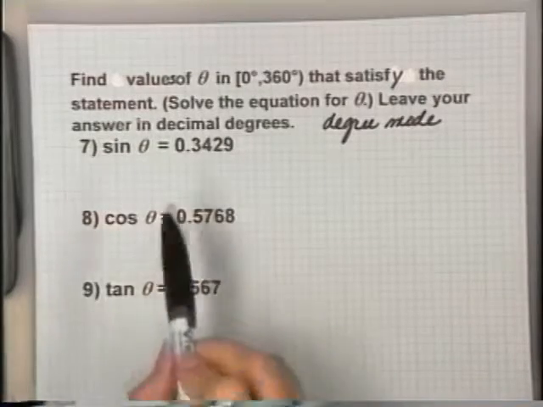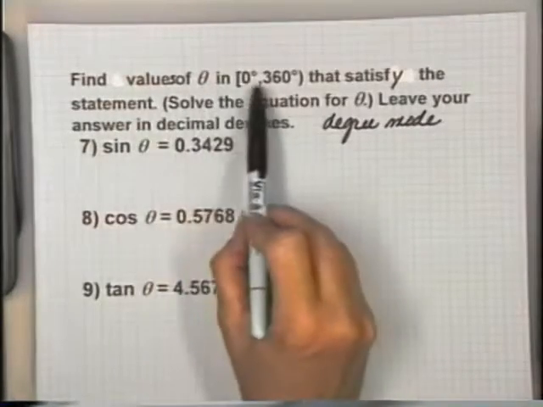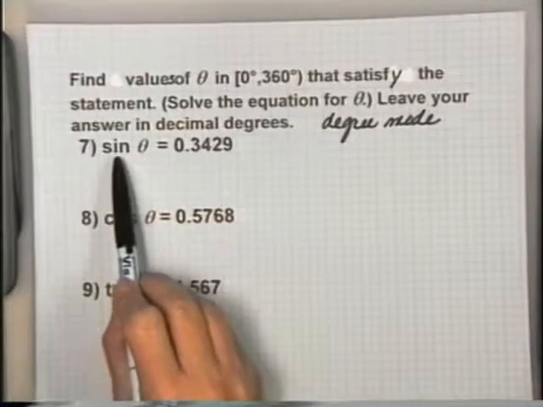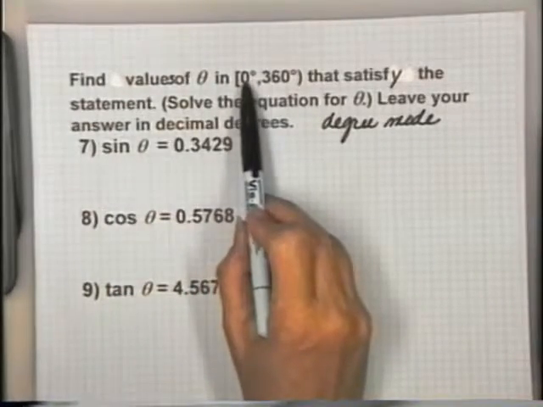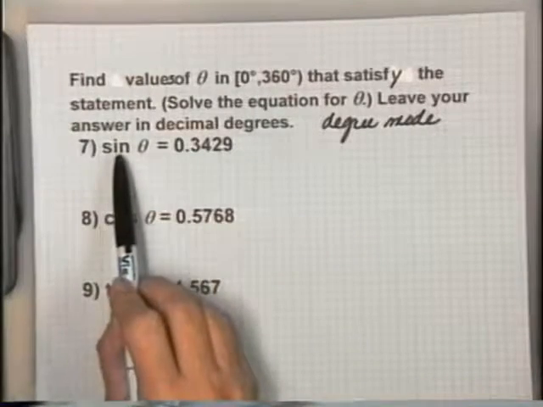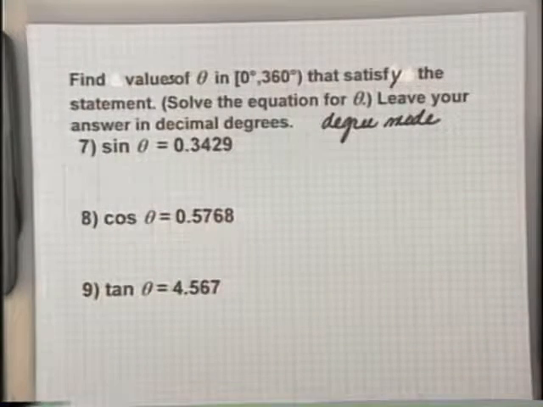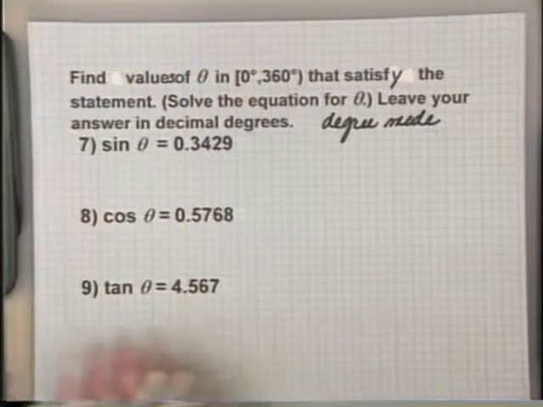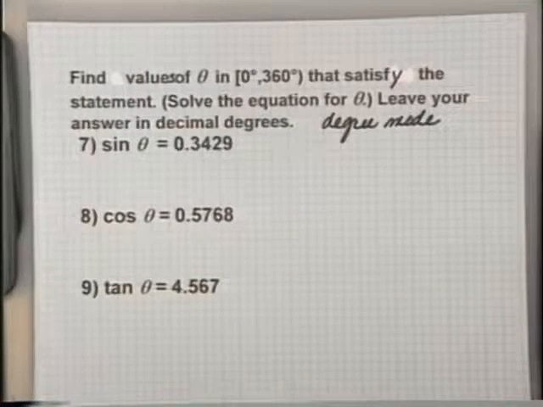All right. Well, the truth is that there are two values of theta between 0 and 360 degrees that have a sine that's equal to 0.3429, and we'll need to find both of those. Our calculator will give us one value, but we'll have to use our knowledge of reference angles to find the other value.